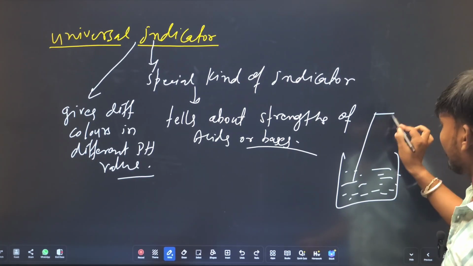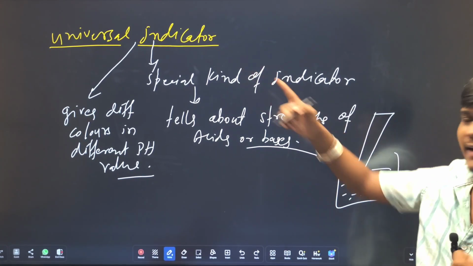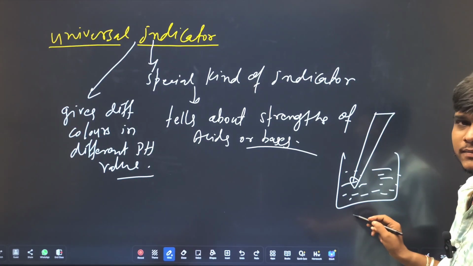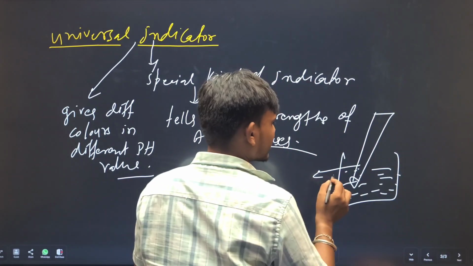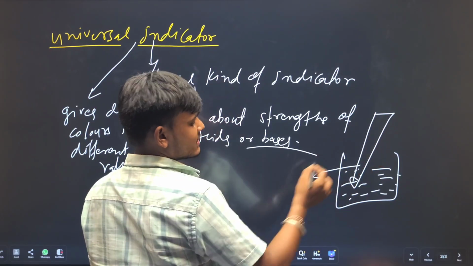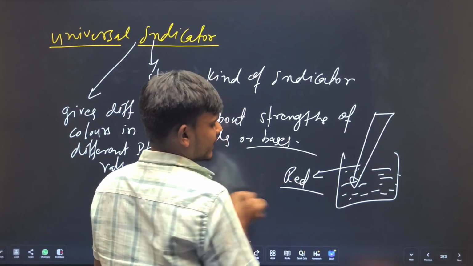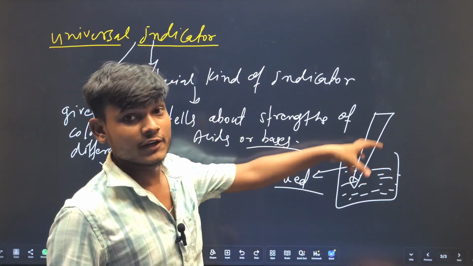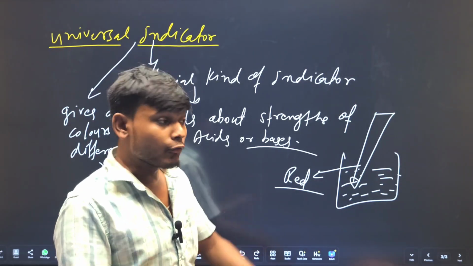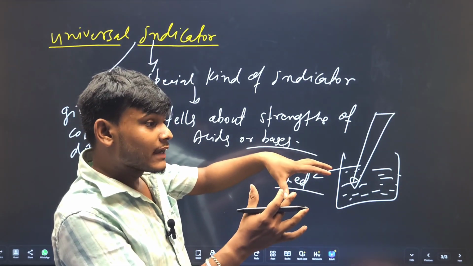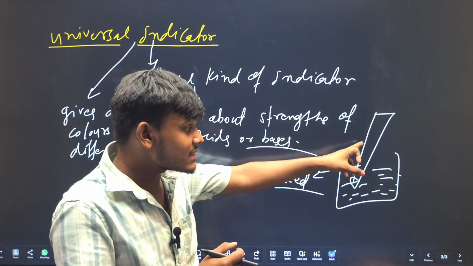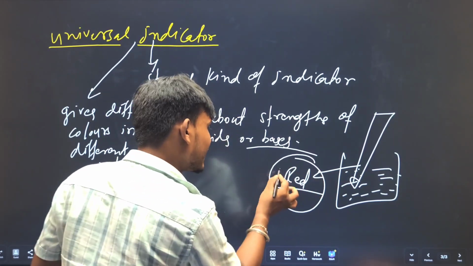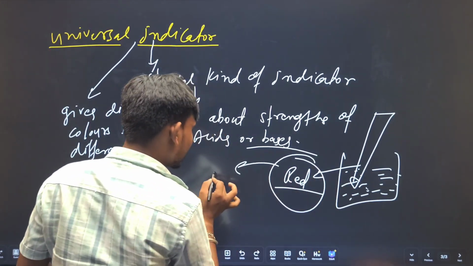When we put universal indicator in this acidic solution, we get the color of this universal indicator as red. We have already determined that if universal indicator gives red color, it means the pH of this solution is 2.